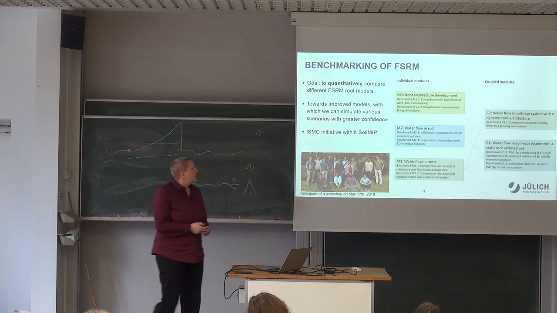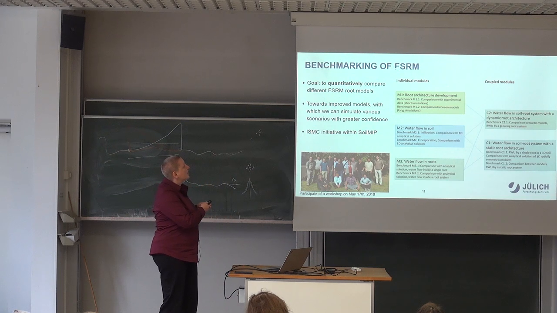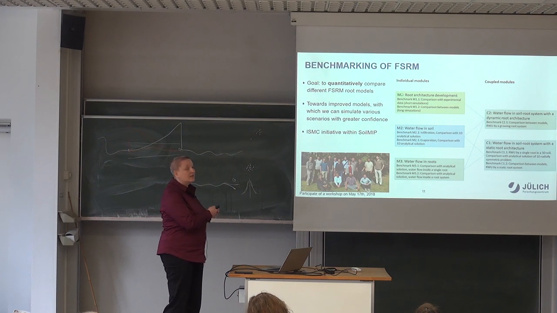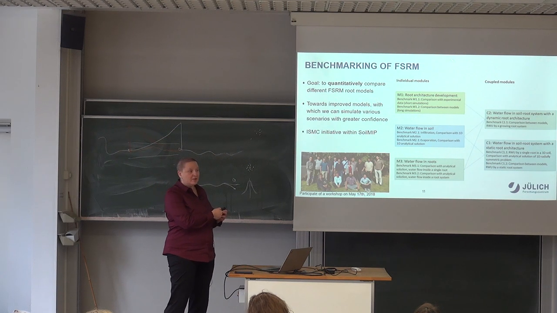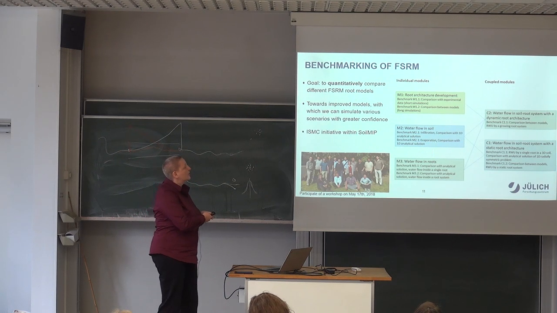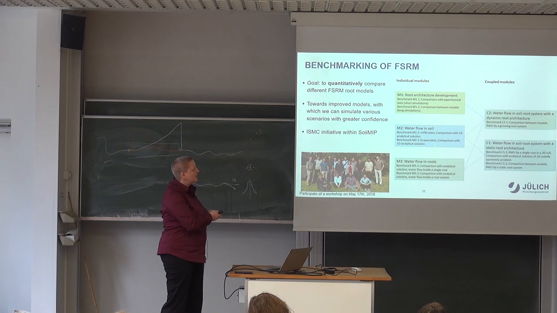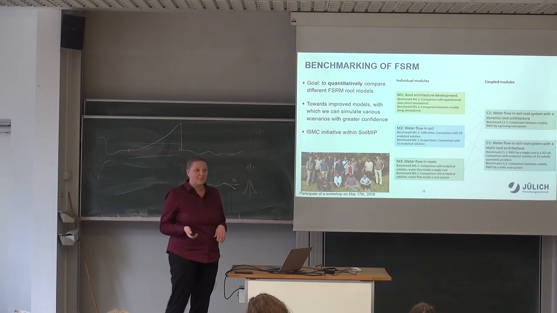And we disentangle the complex model into 3 different parts. So we have the root architecture development, we have the water flow in soil, and the water flow in roots. And then we look at the coupled systems when we couple water flow and solute in both soil and roots with a static root system.